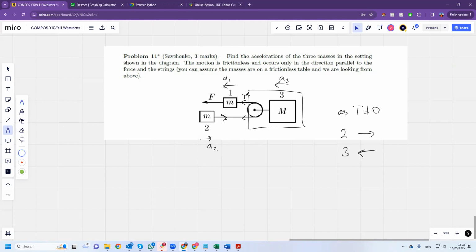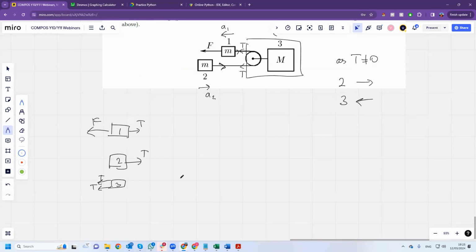You can see that M3 is being pulled by 2 tensions. And M1 is being pulled by F and by T in the other direction. So for the first one, it's going to be F and T. For the second one, it's just T. And for the third one, it's T and another T. And that's how you know that they accelerate.